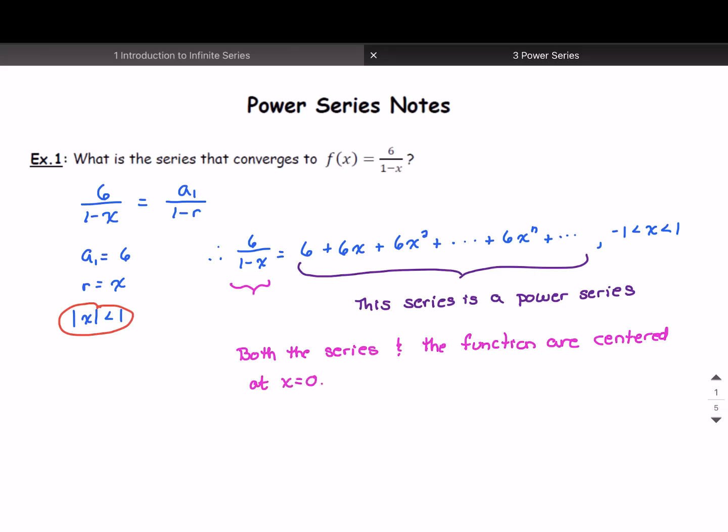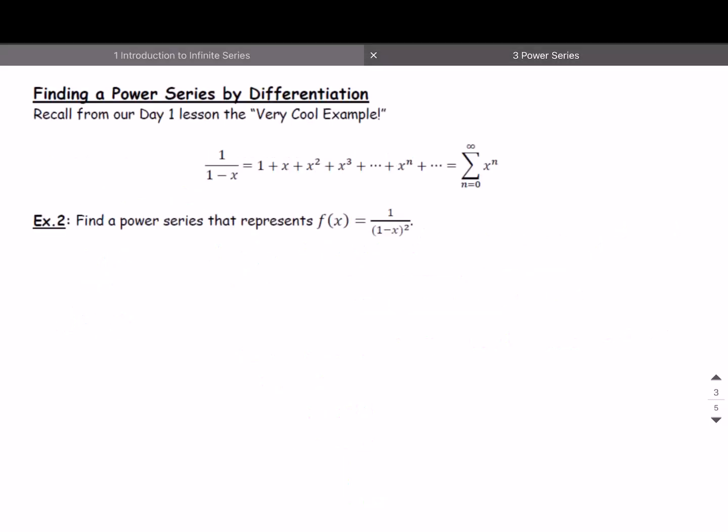Now we can see that because it's x and x squared, not x minus something. But also, if you look at this interval where x is allowed to be, what's the center between -1 and 1? 0. That's where the center is. And that's why it's centered at 0.